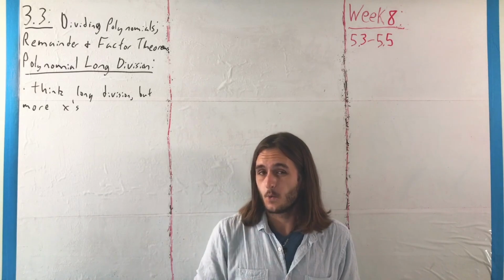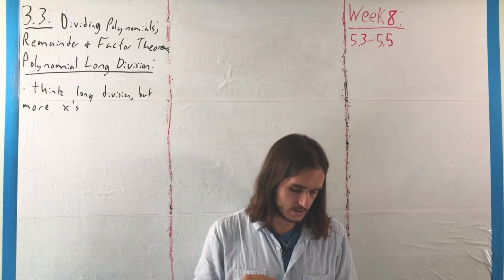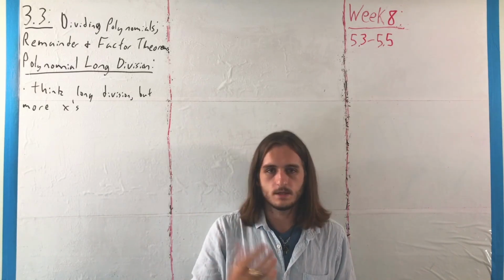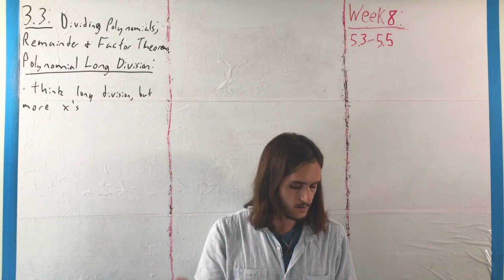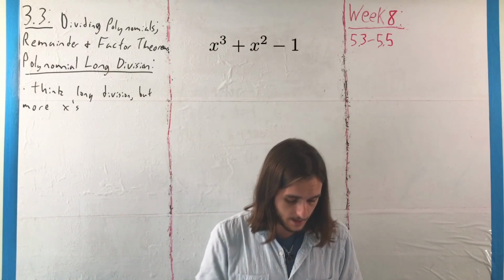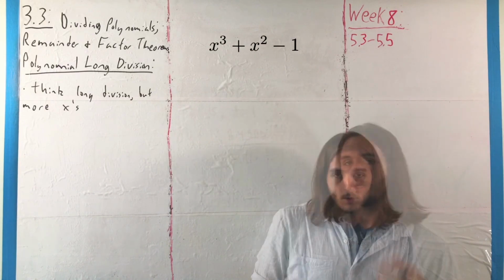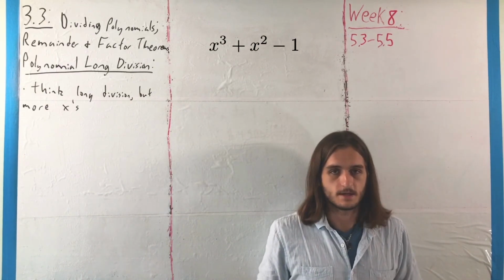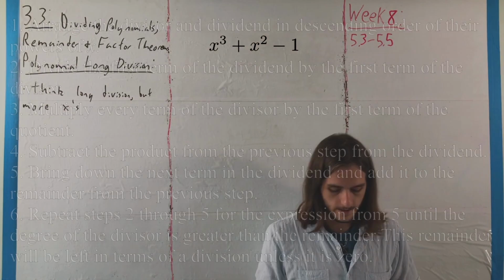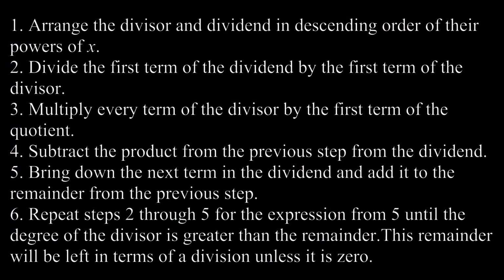That's something we are particularly interested in, where we deal with something like x cubed plus x squared minus 1. We have a process like so: we arrange the divisor and dividend, the thing we are dividing and the thing we are dividing by, in descending order of their powers of x.